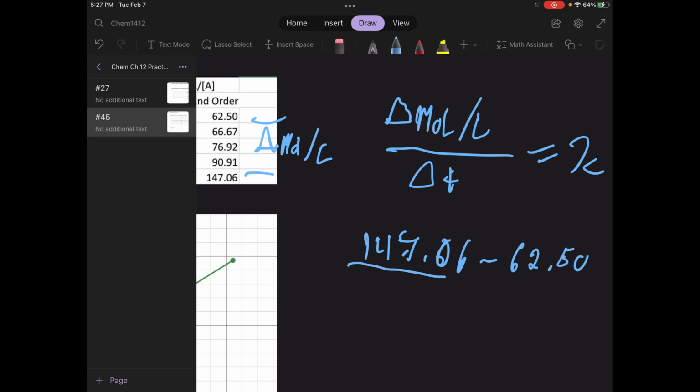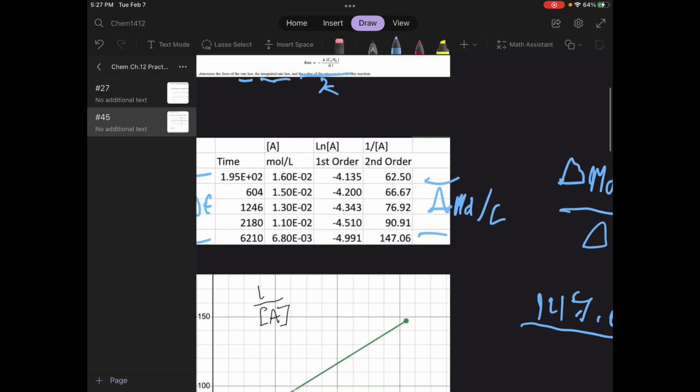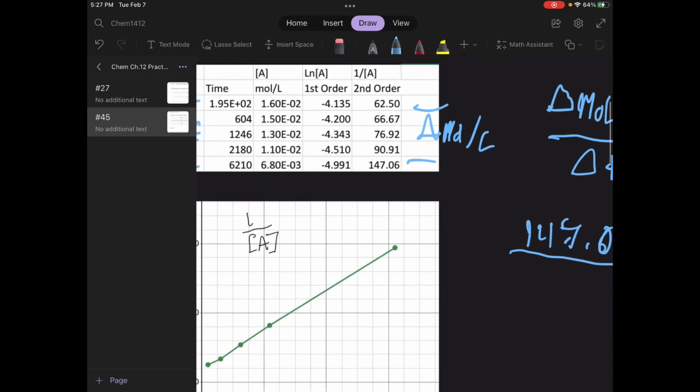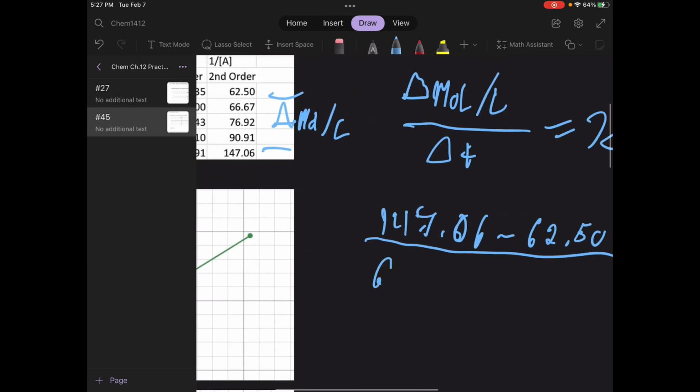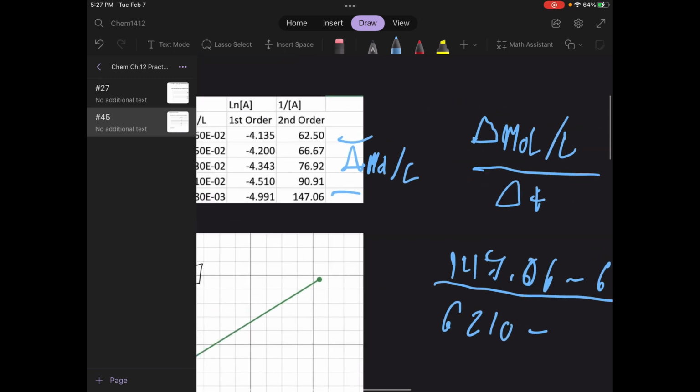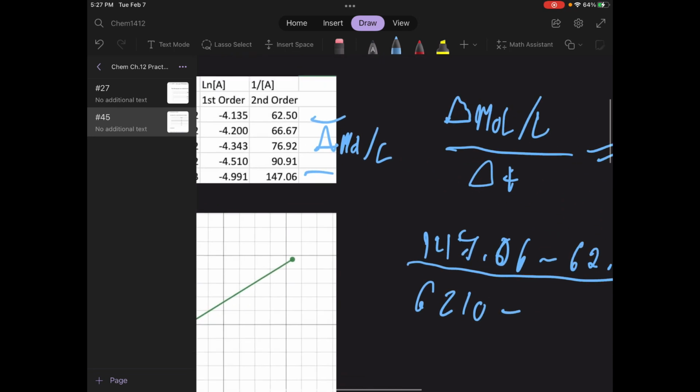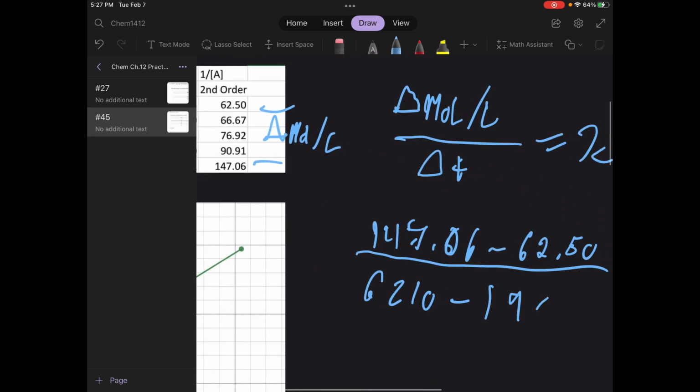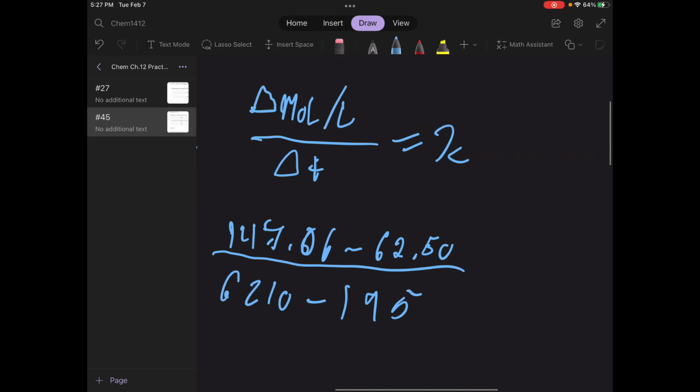Putting this in our calculator, we have 147.06 minus 62.50 divided by 6,010 minus 195.